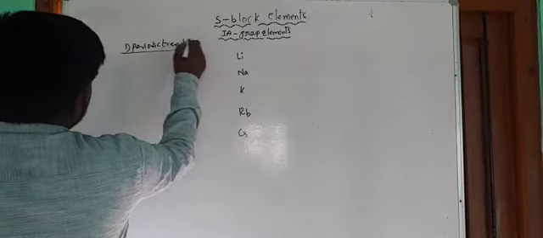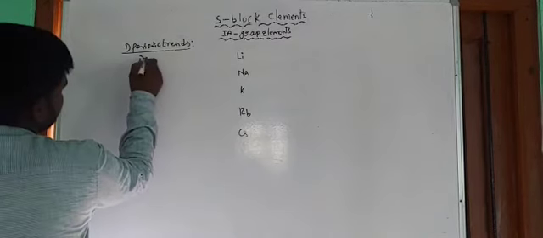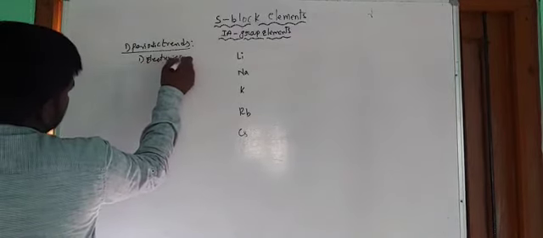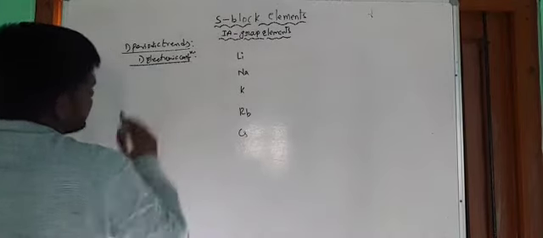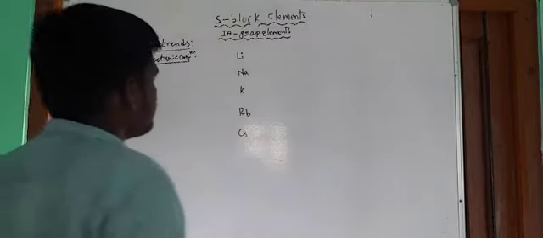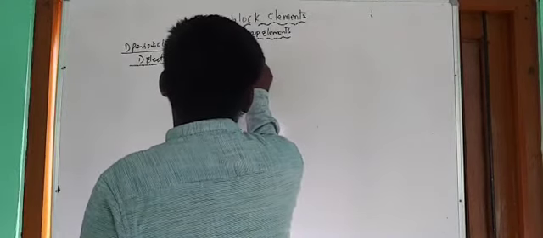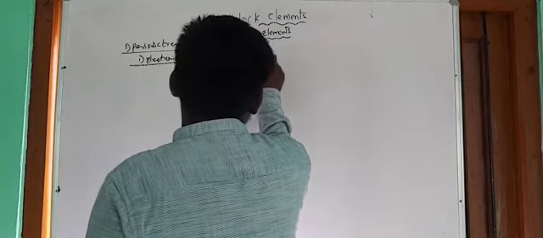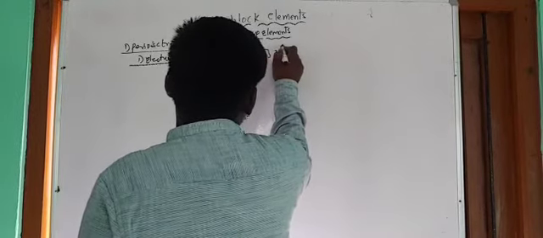So in periodic trends, first we need to discuss electronic configuration. Lithium atomic number is 3, and it takes helium configuration and 2s1.